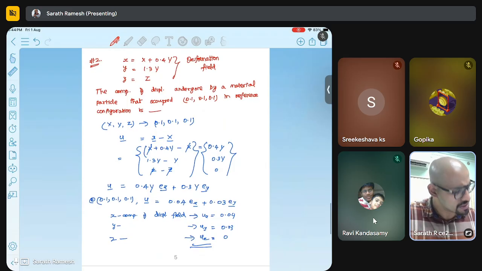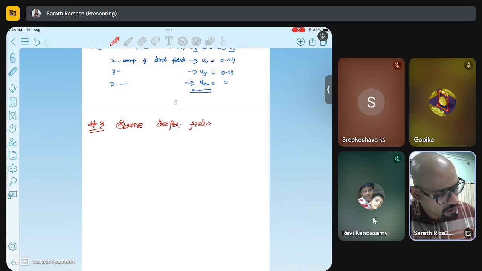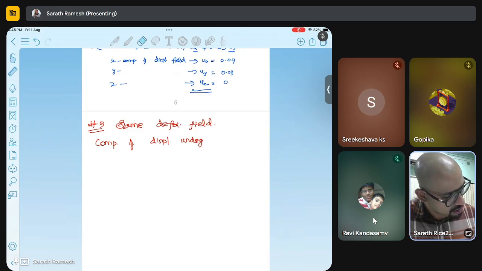Moving on to the next question, same deformation field, but a change is we have to find, problem number 3, same deformation field as above. But what we have to find is the component of displacement undergone by a material particle that is currently occupying.